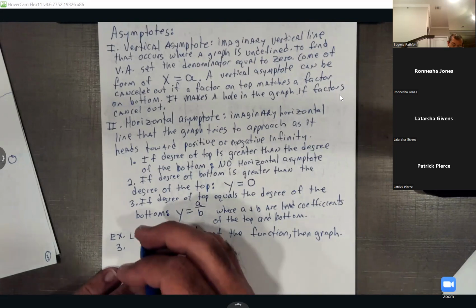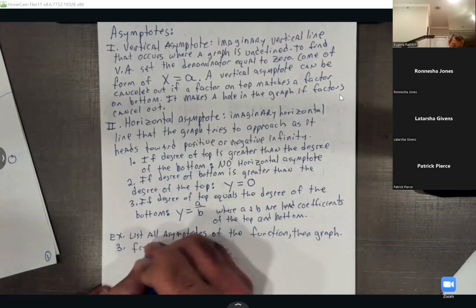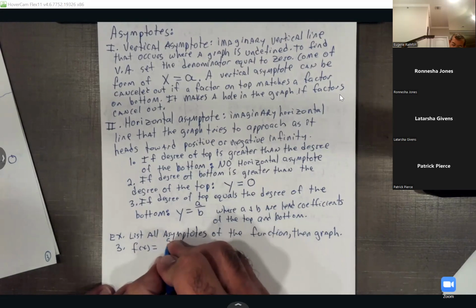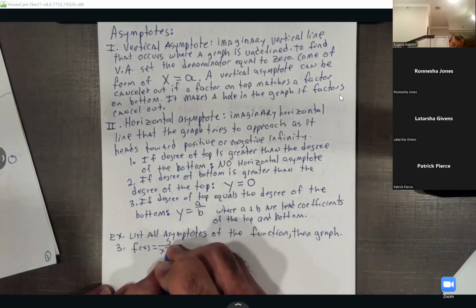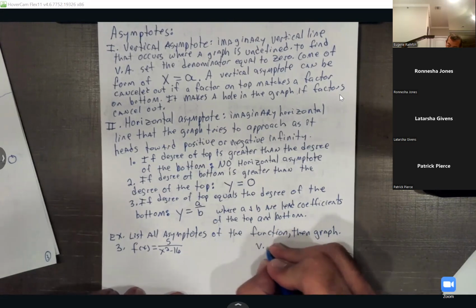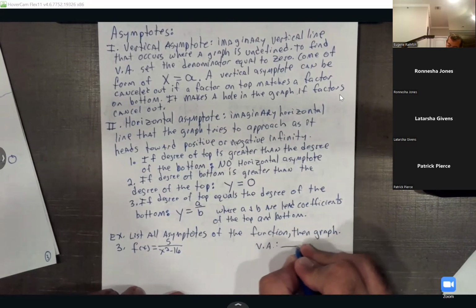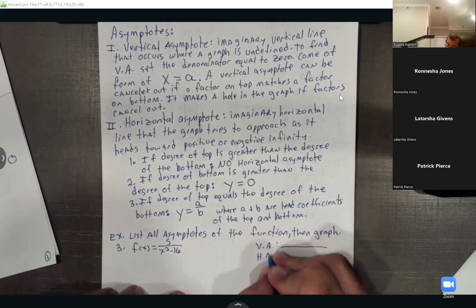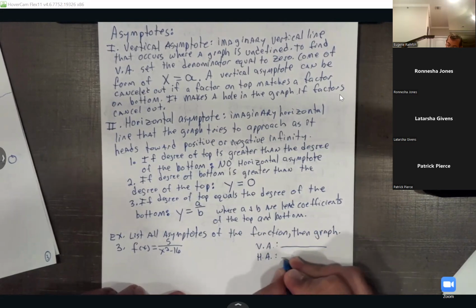So now for this problem, I got f of x equals 5 over x squared minus 16. So I need to find my vertical asymptotes and my horizontal asymptotes.